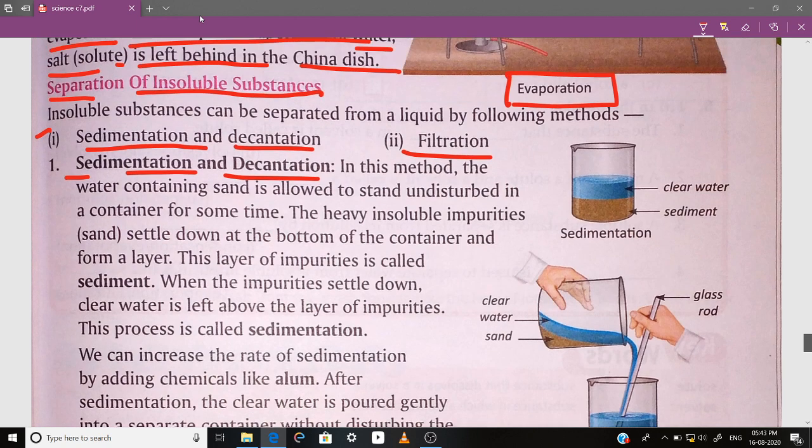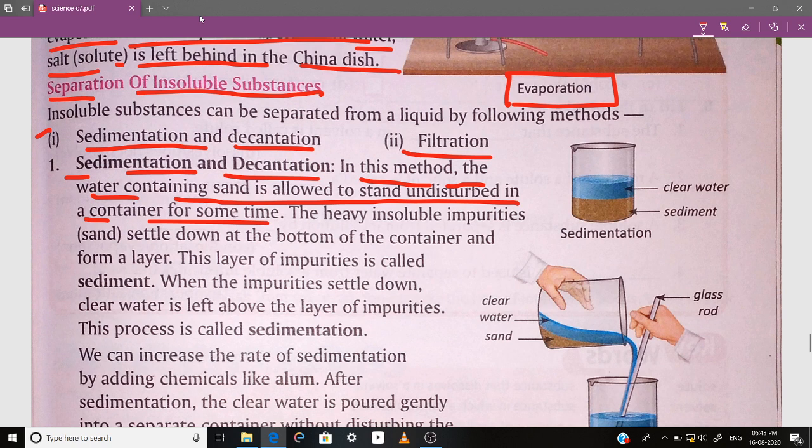In this method, the water containing sand is allowed to stand undisturbed in a container for some time. We just keep this container, in which we have water and sand, undisturbed for a long time. What happens?